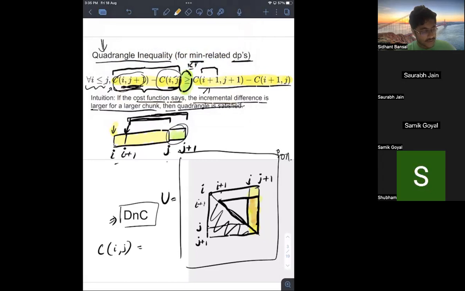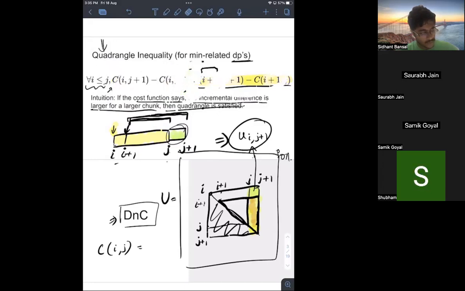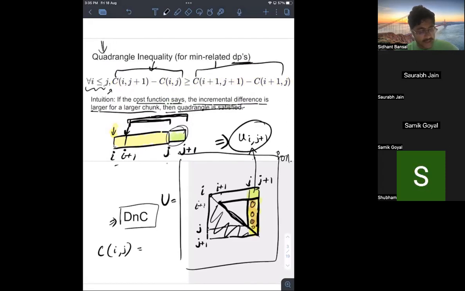So notice that this particular position, U[i][j+1], only got added on the left-hand side of the inequality, but not on the right-hand side. And all the other terms that you will see here have been added on both the left-hand side and the right-hand side.